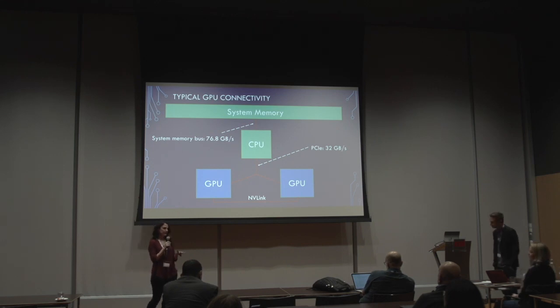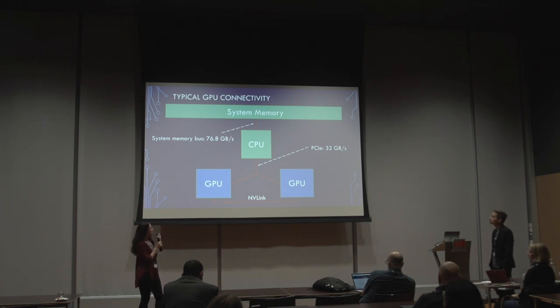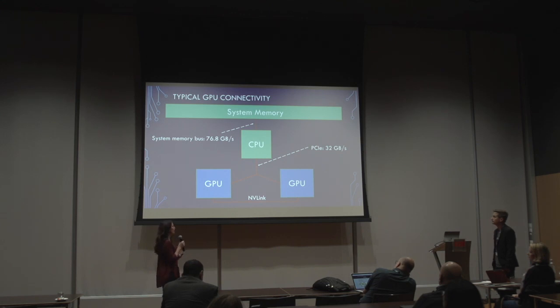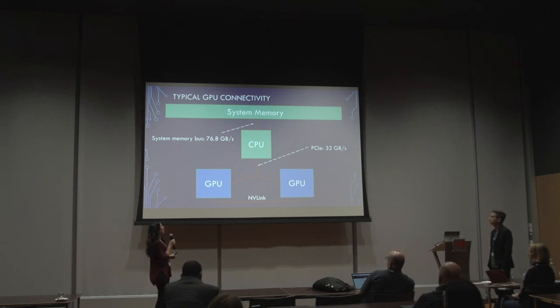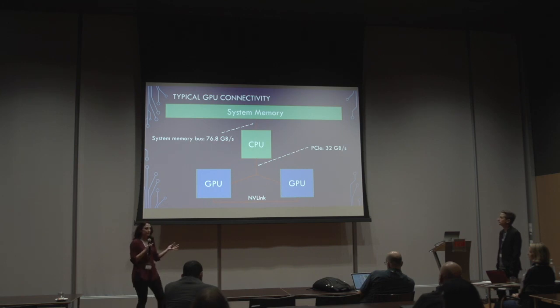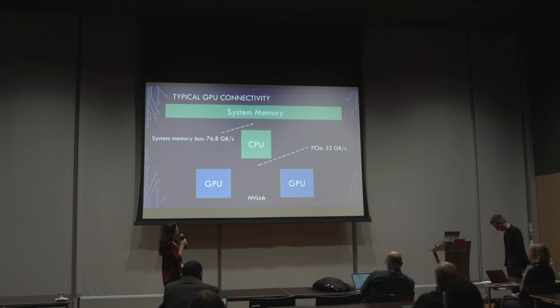that we have in the AC922, or the GPU box. But this is what a typical non-Power system looks like for connectivity. There are a couple of things to note here. If you look at the bus between the system memory and CPU, that bus is about, average or typical, 76 gigabits per second. Then look at the link between the CPU and the GPUs.